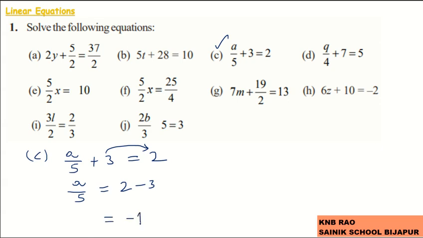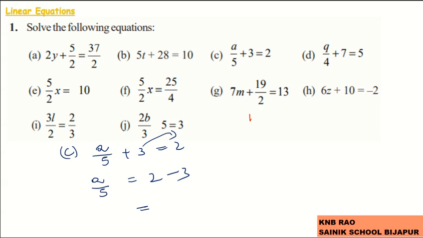It results in minus 1, and a by 5 equals minus 1.